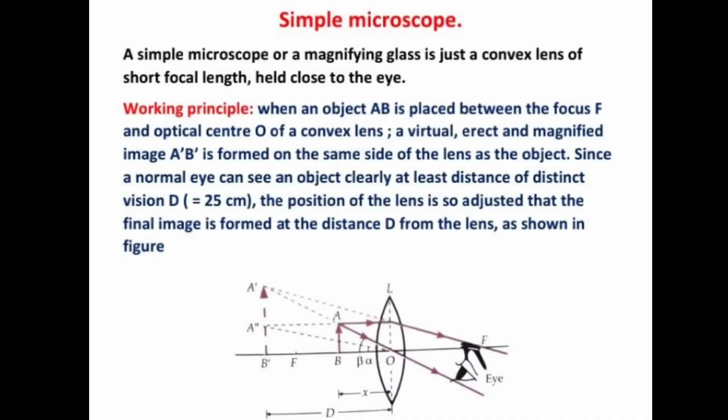Since a normal eye can see an object clearly at a least distance of distinct vision, that is up to 25 centimeter, the position of the lens is so adjusted that the final image is formed at a distance capital D from the lens.